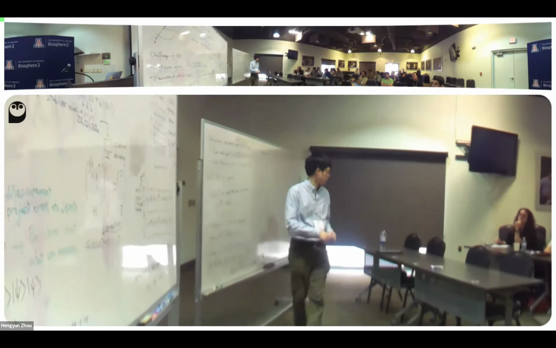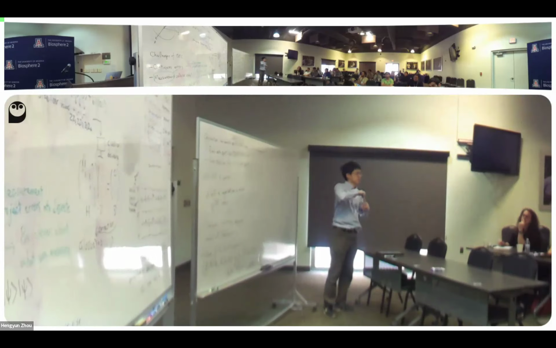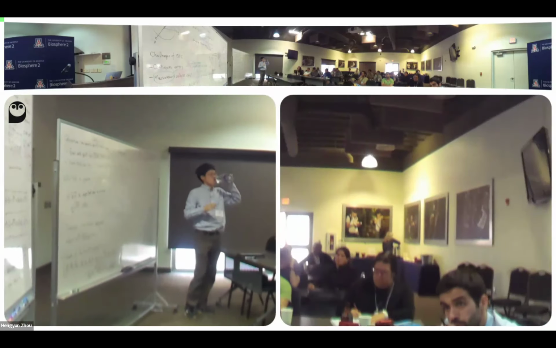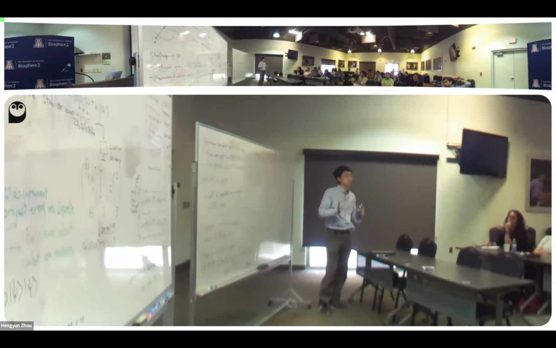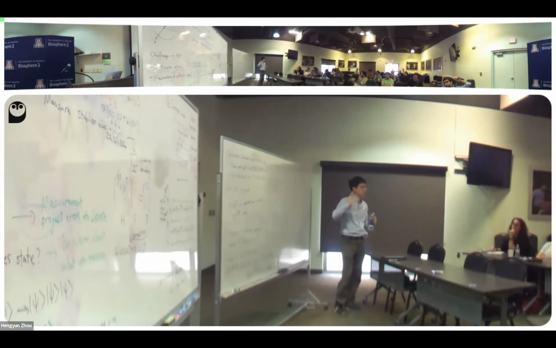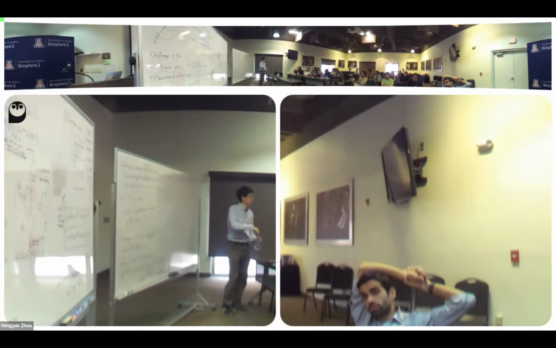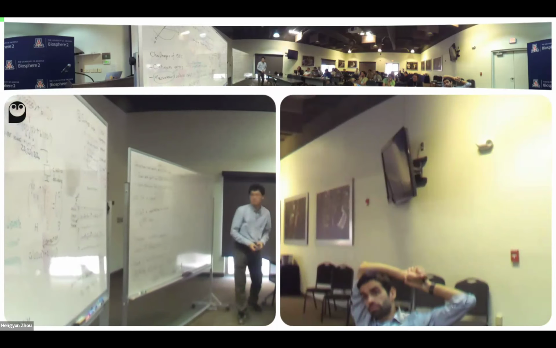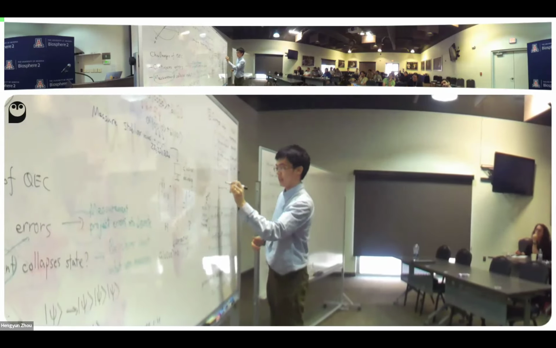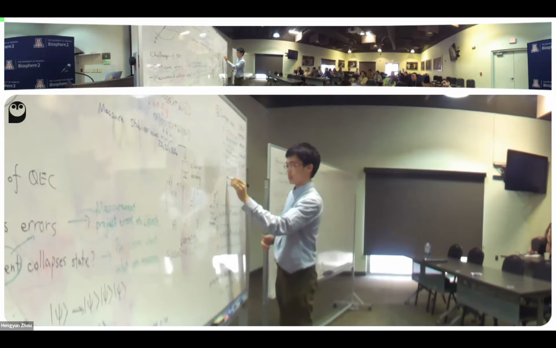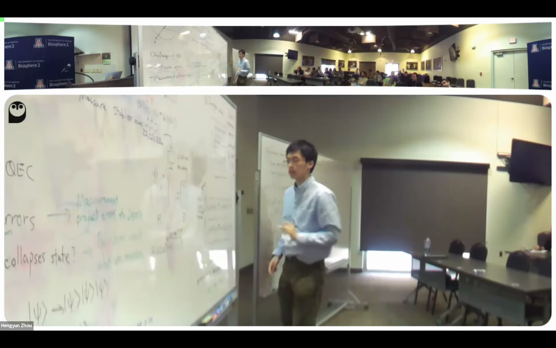Let's say the logical Z operator. This should be something that commutes with the stabilizers, right? Because otherwise measuring the stabilizer would collapse it. So what it actually looks like is a product of operators in this direction.